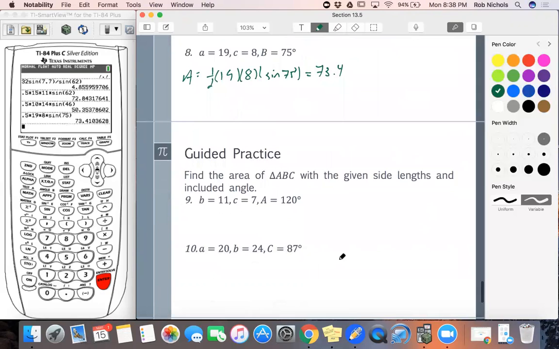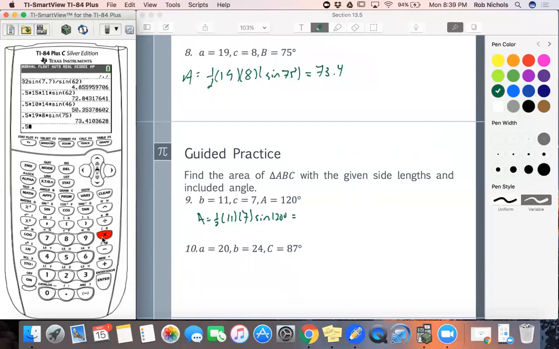All right. Number 9. A equals 1/2 times 11 times 7 times the sine of 120 degrees. So 0.5 times 11 times 7 times the sine of 120 degrees. 33.3.